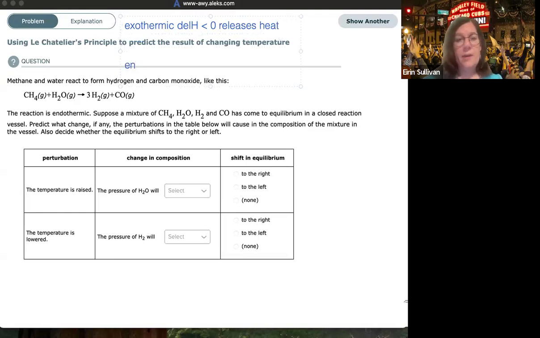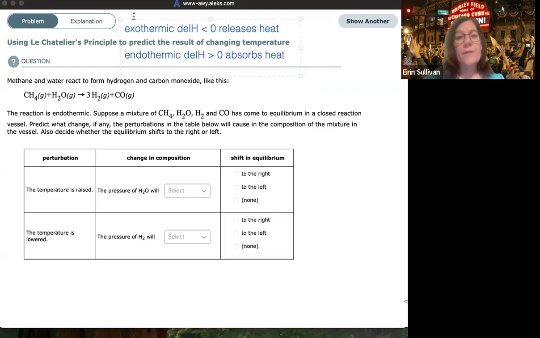So endothermic, we define that as having a delta H that's a positive number, so greater than 0, and that absorbs heat. So using what we remember from Gen Chem, we can then actually add this to our equilibrium.